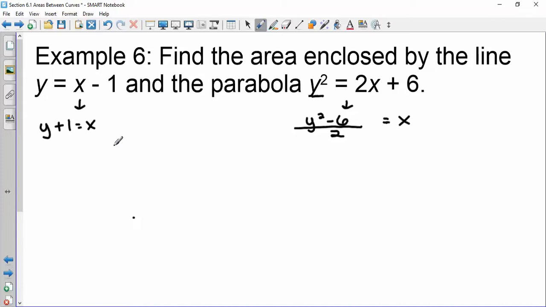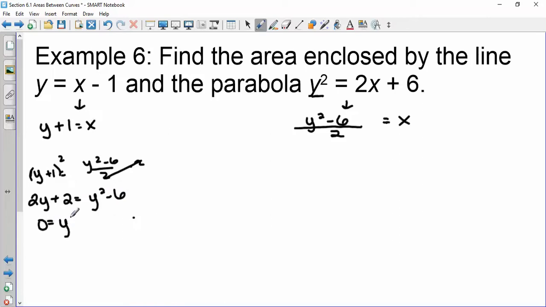So now if I'm trying to find the intersection, find out where they meet, I can set these equal. So y plus 1 equals y squared minus 6 over 2. So if I multiply over my 2, it's quadratic, so set it equal to 0, subtract over the 2y, subtract over the 2.